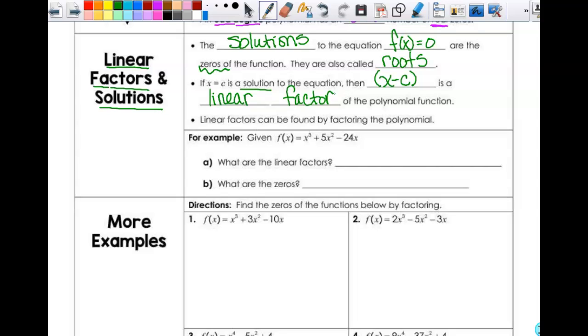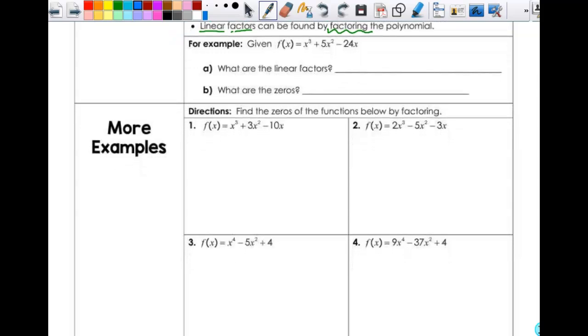Linear factors can be found by factoring the polynomial. Factoring is super important for you to be able to do quickly and accurately. So we have this example: f of x equals x cubed plus 5x squared minus 24x. I'm going to factor this. When I factor, what's the first thing I always look for? GCF. Do I have one? Yes, I do. x times x squared plus 5x minus 24.